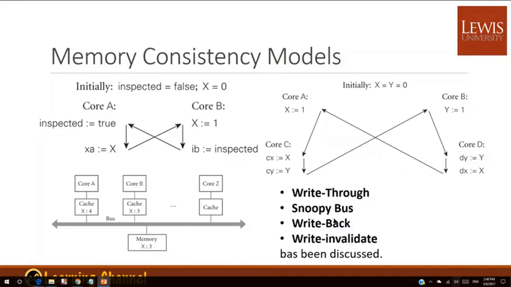So we have the write-through, write-back, write-invalidate methods to make sure of that. When A gets the access and A updates X, we need to update the X copy in core B as well. So this is some sort of write broadcast scheme. And we have discussed this already.